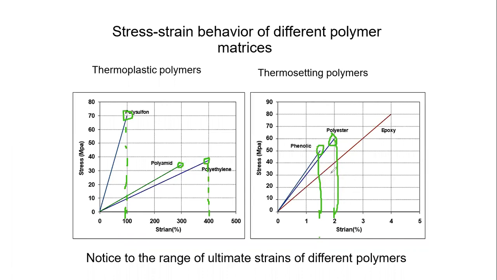And last one is the epoxy. It has a balanced structure in the thermosetting polymers, with a stress of 80 megapascals and 400% strain. So these are the different examples in the stress-strain behavior of different polymers. The range of ultimate strain of different polymers has been seen in the graphs there.